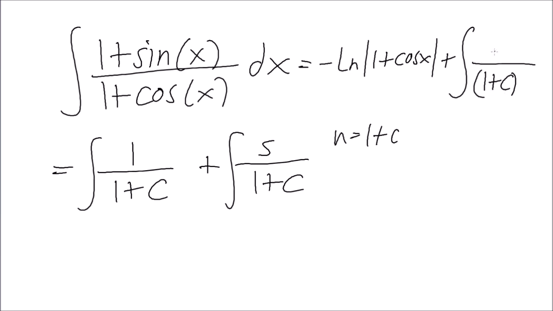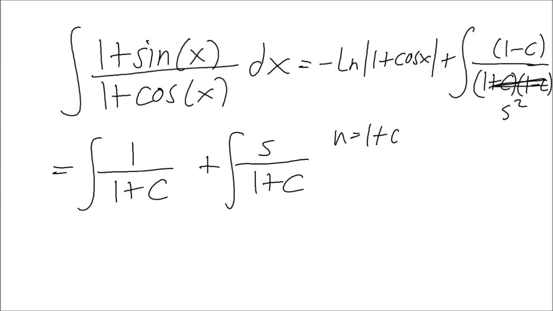What I want to do with this integral is conjugate, right? I want to multiply by the conjugate, so that now this becomes 1 minus cosine squared, which equals sine squared.